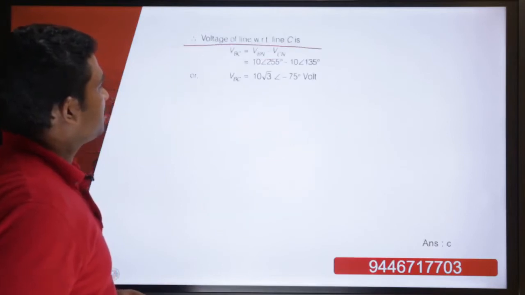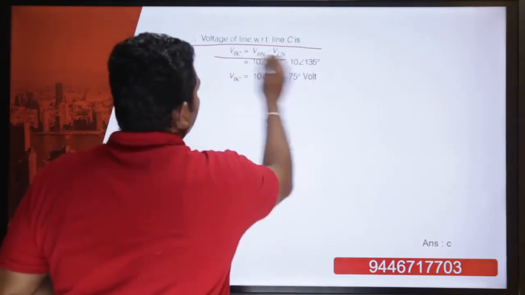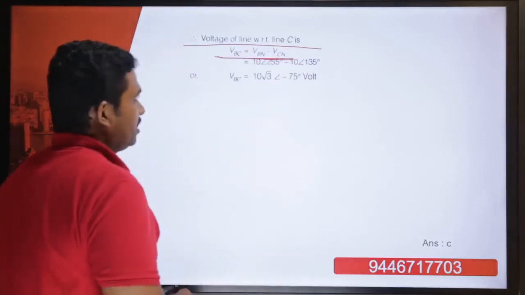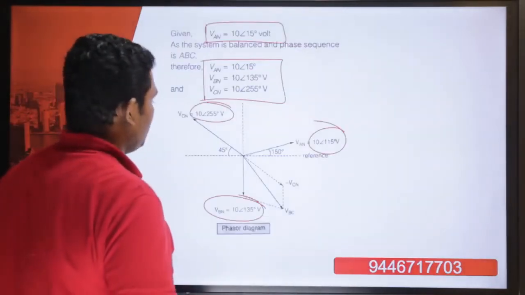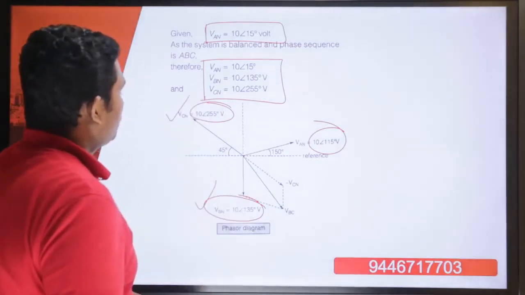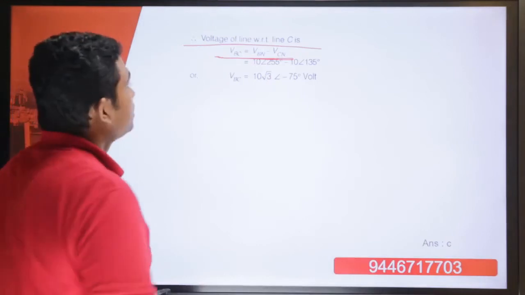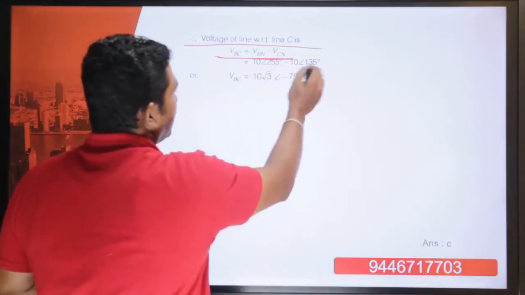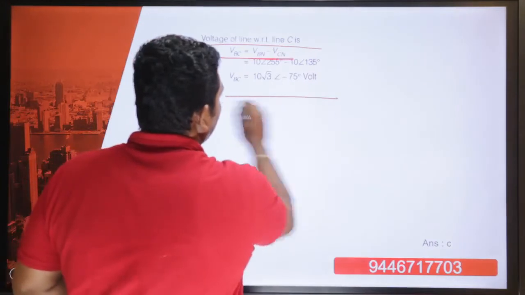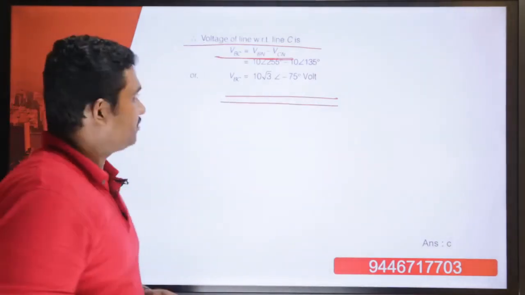So to find B with respect to C, we want to find out VBC, which is VBN minus VCN. We already know VBN and VCN. So what is VBC? It is VBN minus VCN. Substituting the values of VBN and VCN, we will get VBC to be 10 root 3 angle minus 75 degree volt.